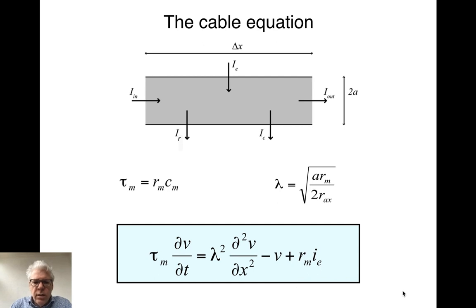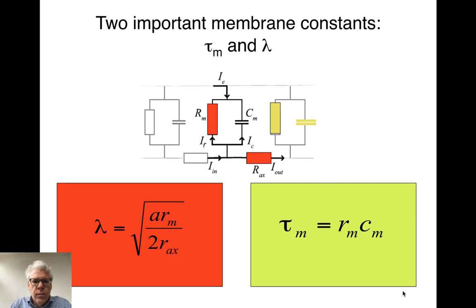Now, to present a little bit more detail and to get a feel for the membrane time constant and the length constant, we can have a look at this figure again. At the top, again, our electrical equivalent circuit of the passive membrane, the membrane resistance in parallel with the membrane capacitance, the axial resistance, and the various currents we discussed.